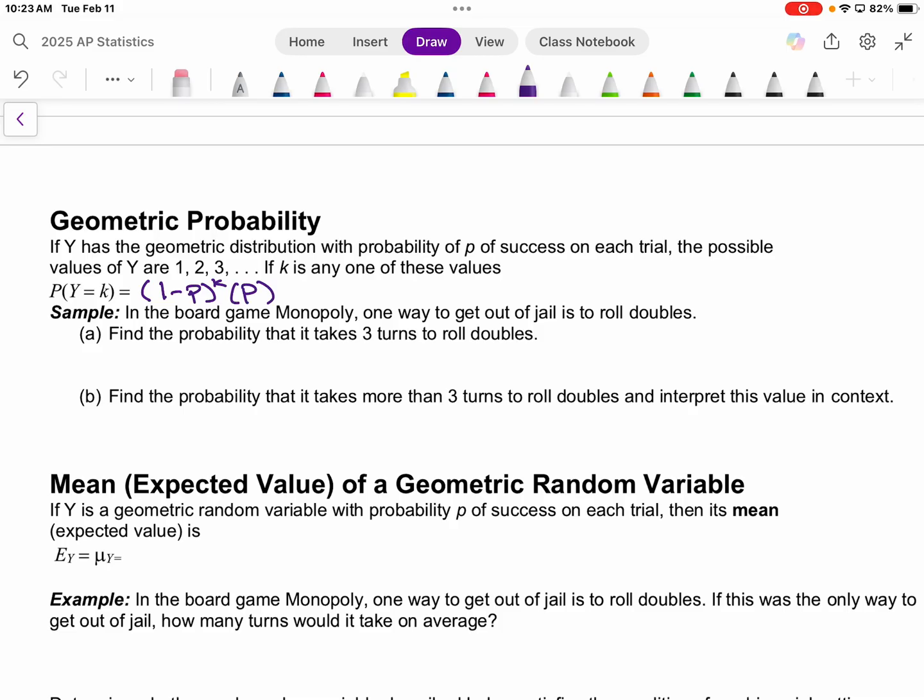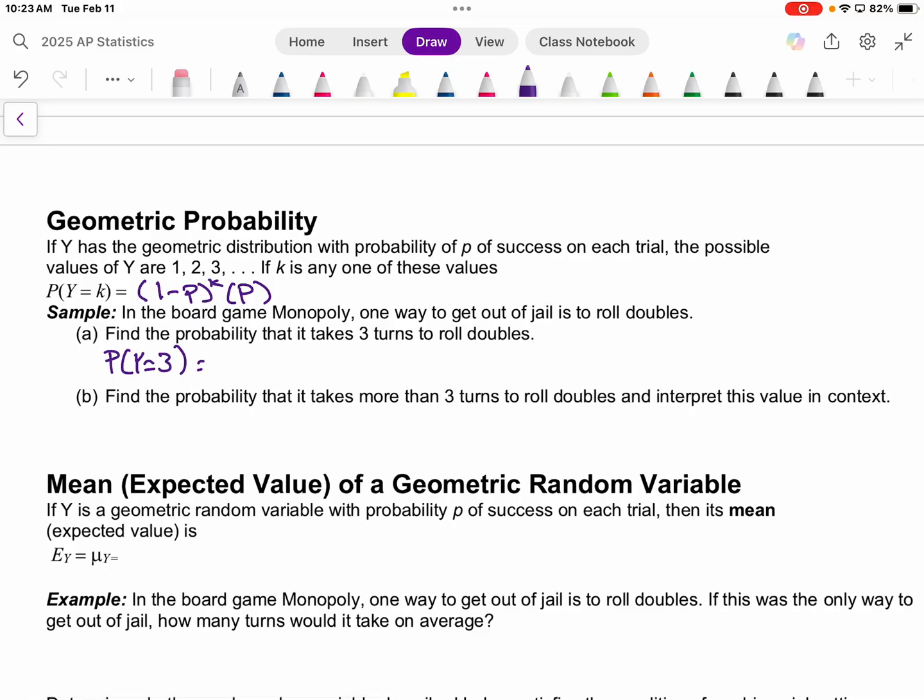In the board game Monopoly, one way to get out of jail is to roll doubles. Find the probability it takes 3 turns to roll doubles. So what's the probability that y is equal to 3? You can use x if you want to; they just happen to define y here. So what is the probability of rolling doubles?